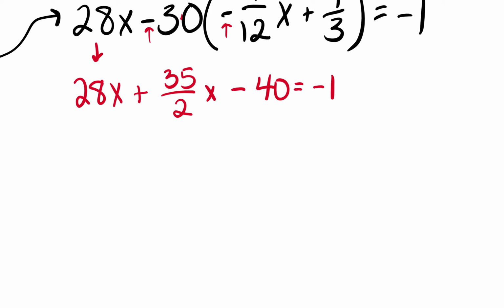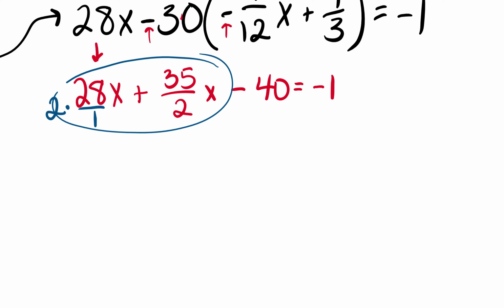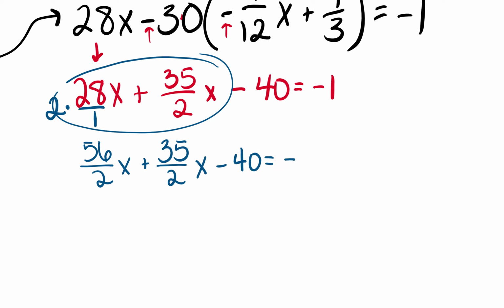So notice I have 28x plus 35 over 2x. I can't add those because they're not both fractions. But we've done this before. If this is over 1, I would just do times 2, right? 2 times 28 is 56 over 2x plus 35 over 2x minus 40 equals negative 1.